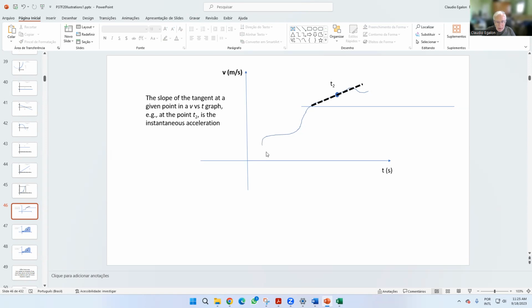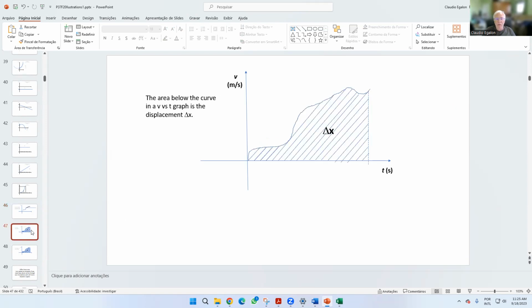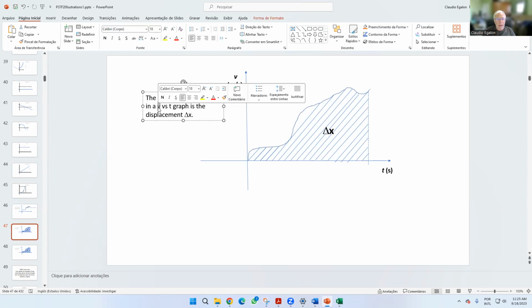But you can also extract the information about the area below a curve, okay? And that's what this next illustration is all about. The area below the curve in a v versus t graph is the displacement delta x, okay?